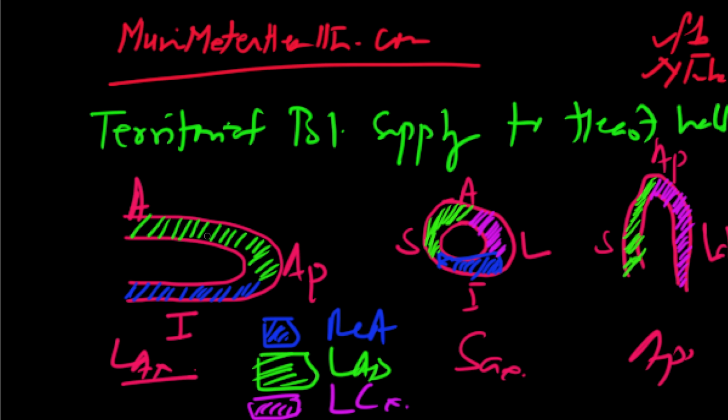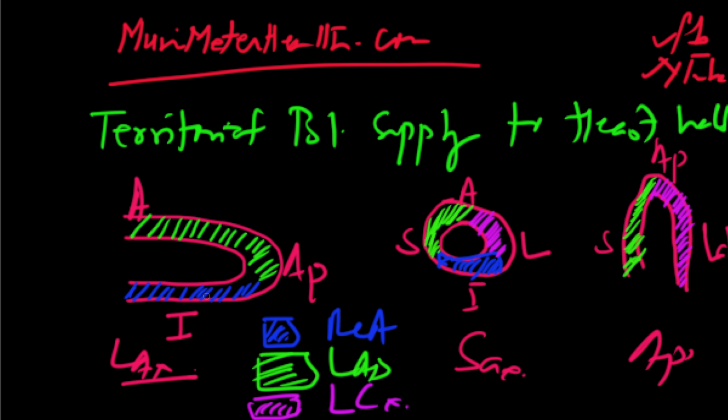One, it could be an artifact, which is related to either an overlying, say, breast tissue wall or chest wall if the person is extremely muscular with a lot of pectoral muscles. Then anterior and lateral could be seen as fixed defects.